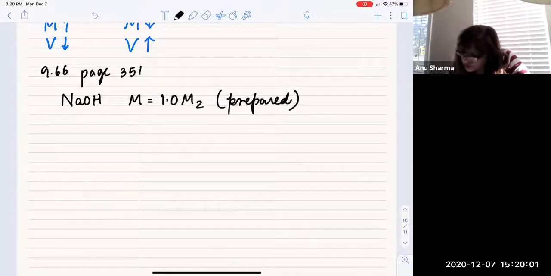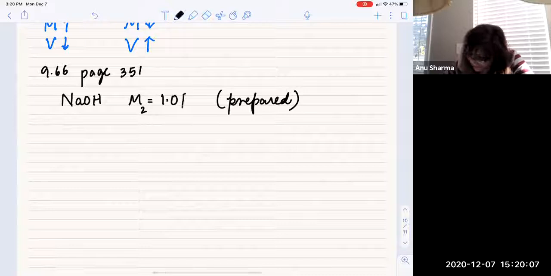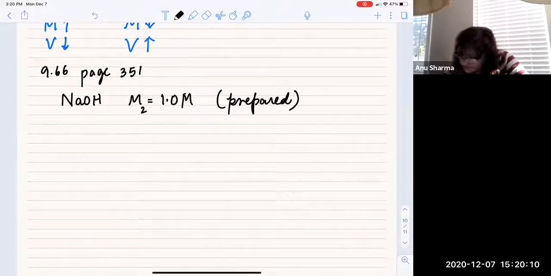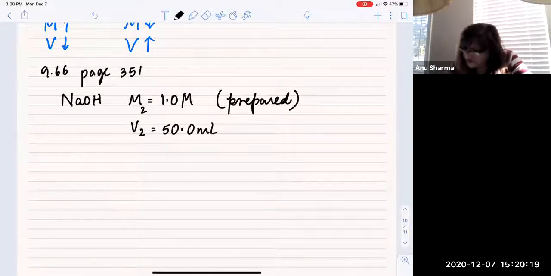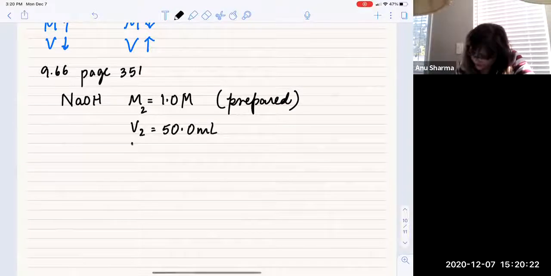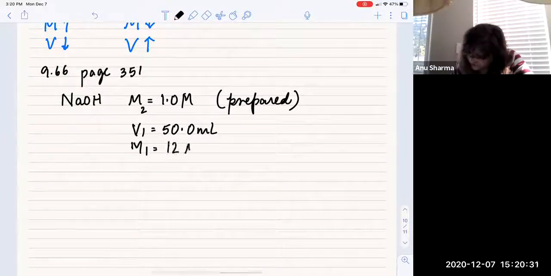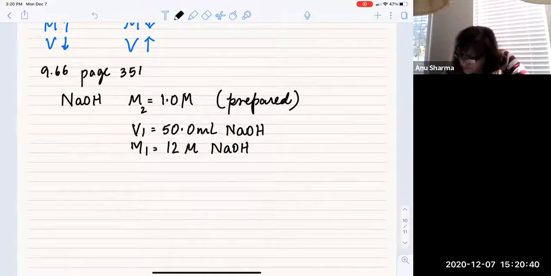All right, this is M, just plain M. Okay, a 1 molar NaOH solution prepared from 50.0 milliliters, which is V1, of 12 molar NaOH, which is M1, to determine the final volume.